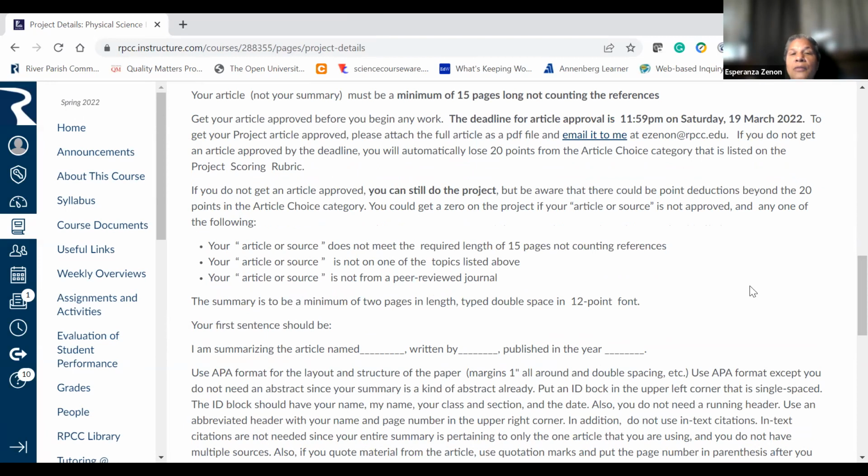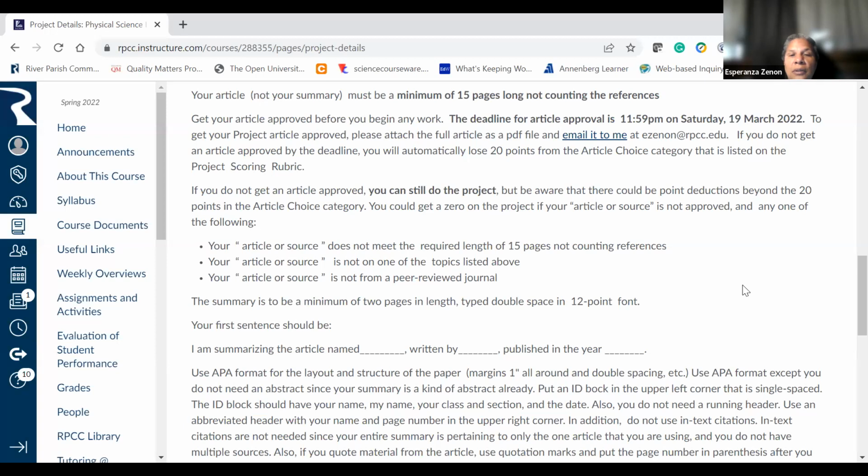And that's why I made you find articles that were fairly long so that you could get enough material to write a 2-page summary. And it's 2 pages double spaced. So that means that it's not a whole lot that you're going to be writing about.